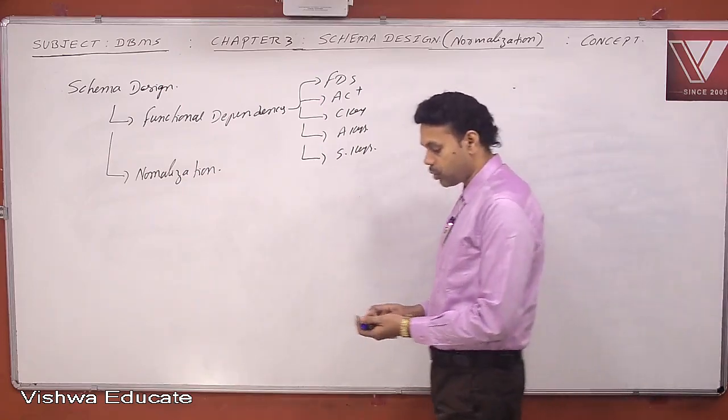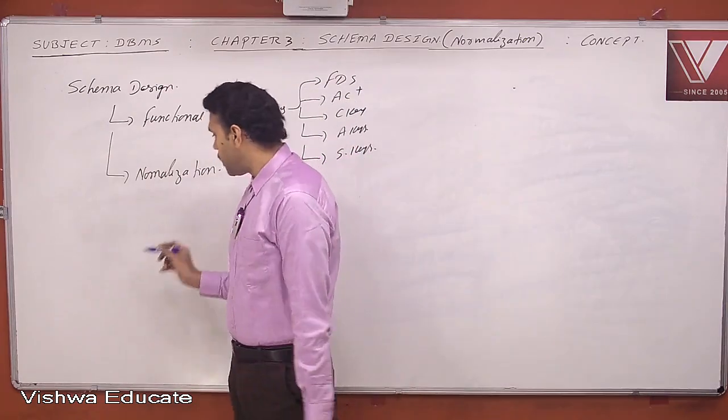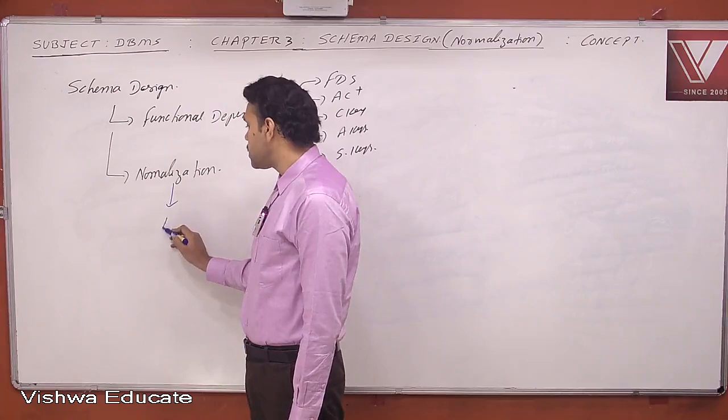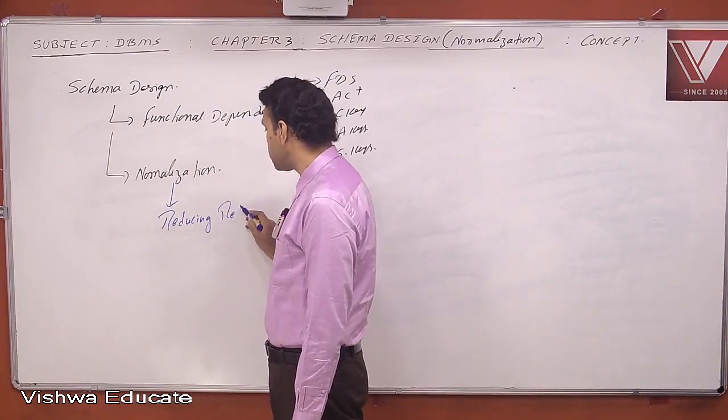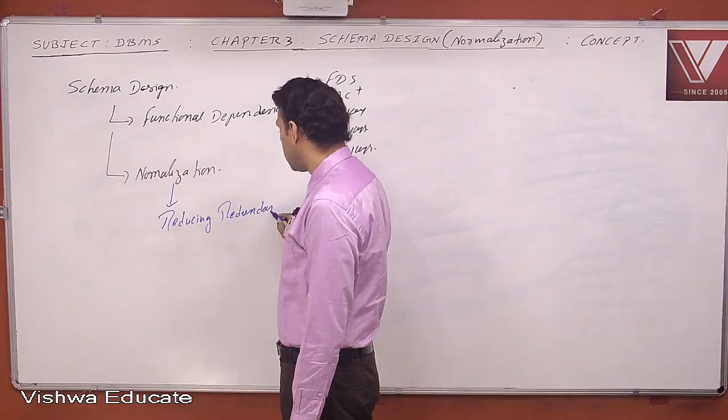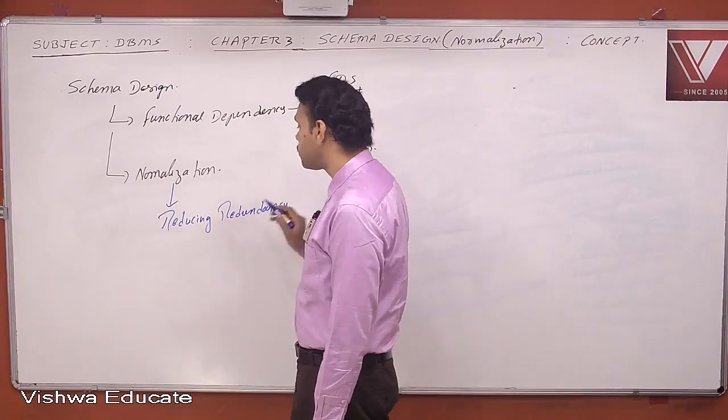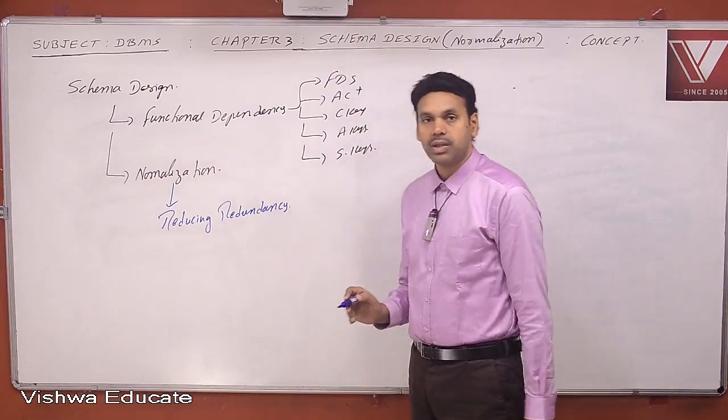So they are the main advantages of normalization. Okay. The main intention of normalization is nothing but reducing redundancy. This is the main intention of normalization.